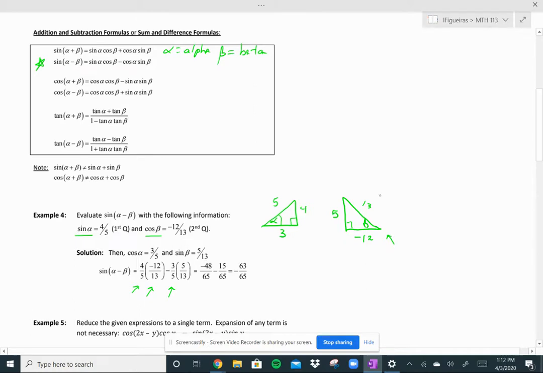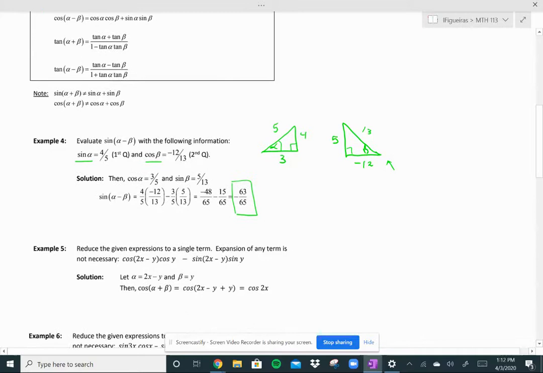Beta is opposite over hypotenuse. So that is 5/13. So when you multiply each set of fractions, the first product is -48/65. The second one is -15/65. And when you combine your numerators, -48 minus 15, that gives you -63/65 as your answer.